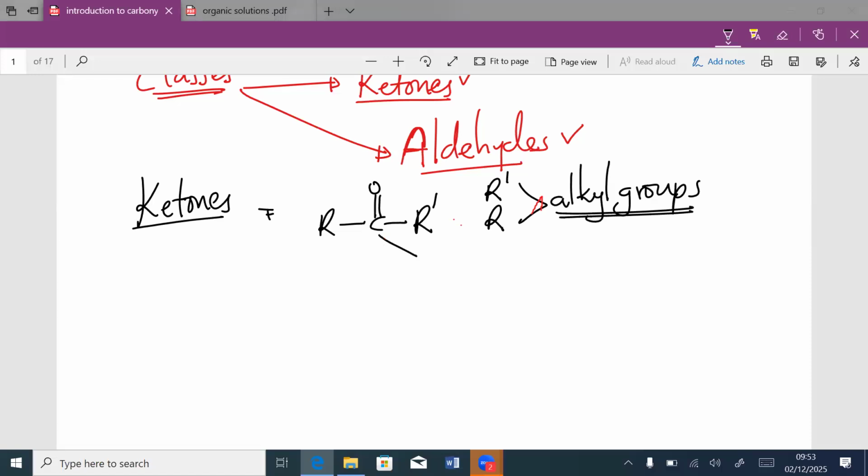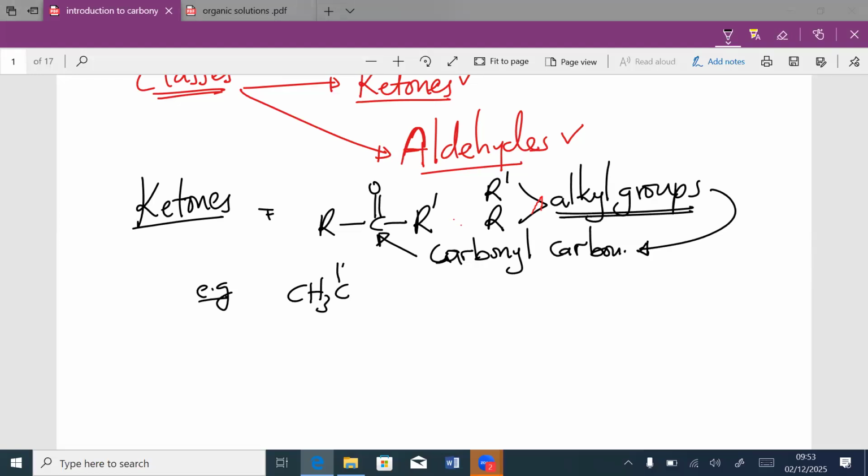This is called the carbonyl carbon. So in ketones, you have alkyl groups attached onto the carbonyl carbon. For example, maybe I have CH3, C double bond O, CH2, CH3.